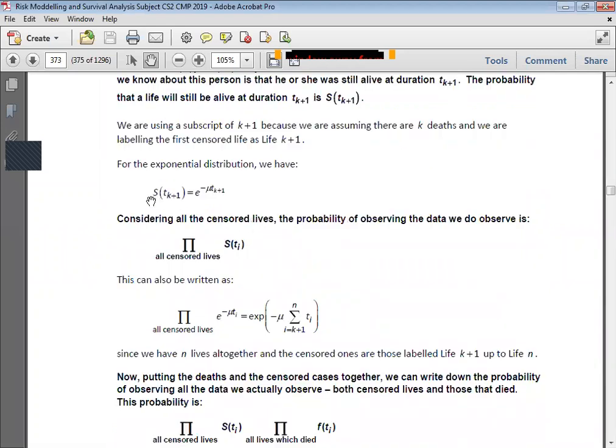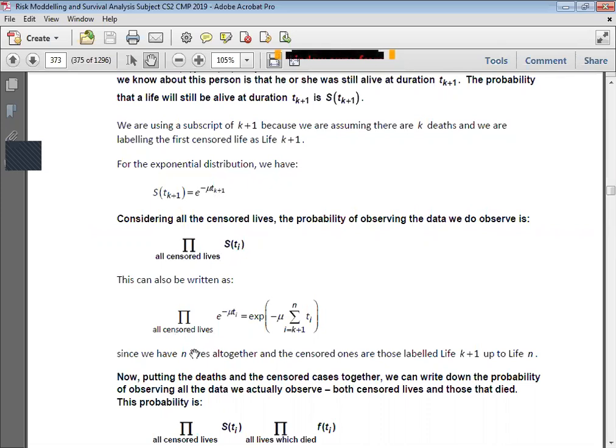So if you see here, we're looking at S of Tk plus 1. This is actually taking into consideration all the information we know about the life that just got censored. So the survival function for the exponential case, as we have already seen in the previous chapter, is e raised to minus mu t. And that is what you will have for each of the lives that get censored.